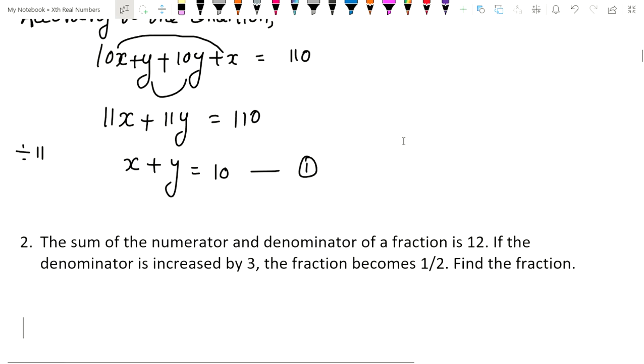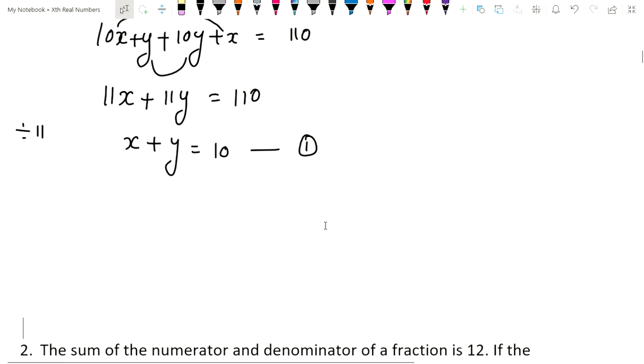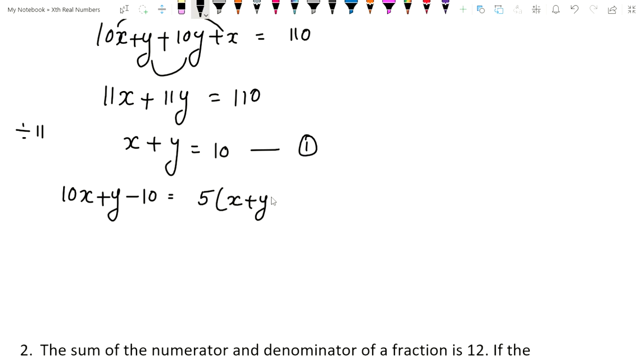So, see that equation. Second condition, we are subtracting 10. 10x plus y is the first number. We are subtracting 10. What will you get? 5 times the sum of the digits. Sum of the digits means x and y. x plus y, plus 4. 4 more than 5 times the sum of the digits. Okay.